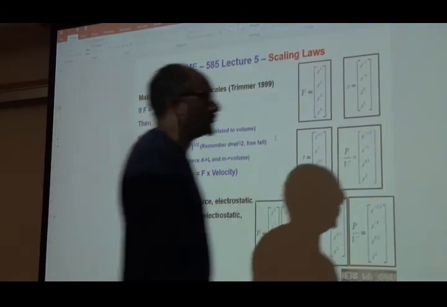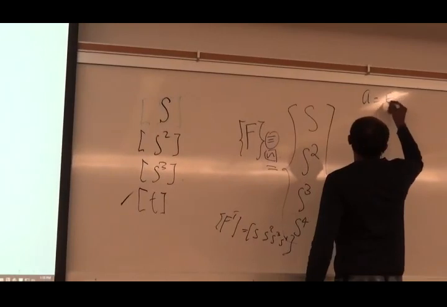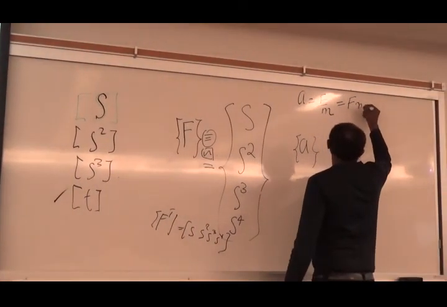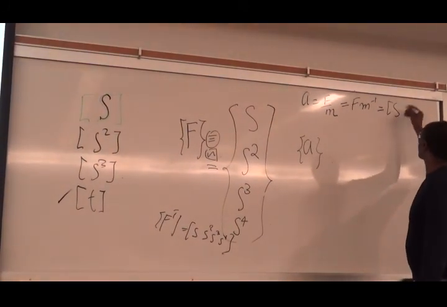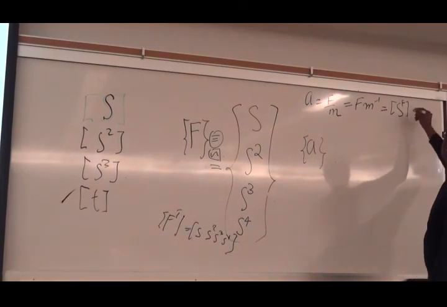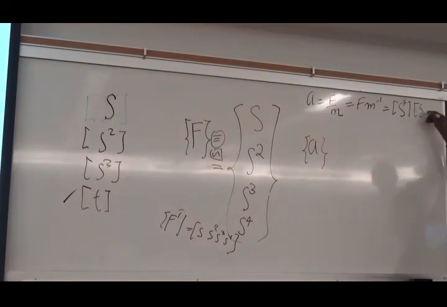So, you could argue, if you follow the derivation, because A is equal to F over M, which is the same as F times M inverse, right? And for F, I have S, this particular S, but I'm going to give it the superscript F, times S to the power minus 3.